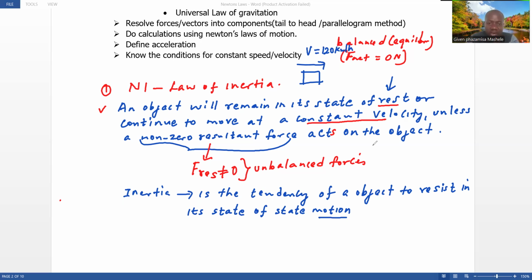So an external force must act on the object. It is very important to know that any object inside this car is also traveling at 120 kilometers per hour. That's why, if you do not wear a seatbelt and anything happens along the way, you will still continue with the same velocity.